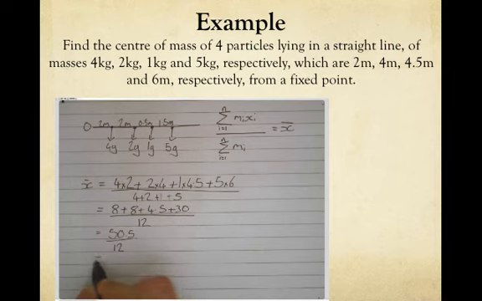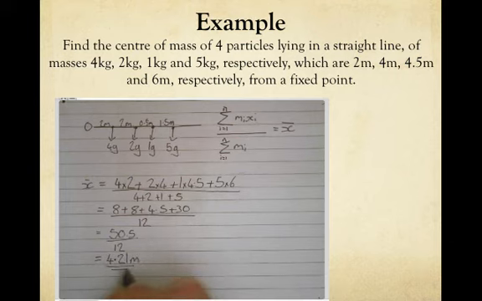At this stage I would jump to a calculator and go 50.5 divided by 12, which gives me 4.21 meters, and that distance is from our fixed origin O. And that's all there is to it.